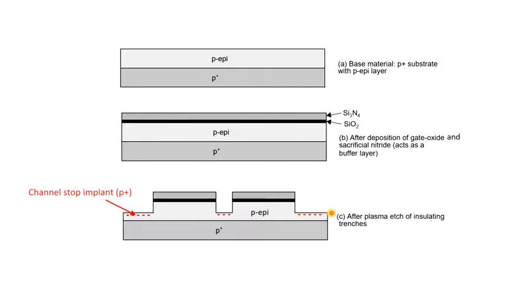So how can we make this structure planar? Obviously, first we have to fill the trenches that we created by this plasma etching. How to fill? We have to fill with some dielectric. One easy way is to fill it with silicon dioxide. So first we have to fill this total region with silicon dioxide.